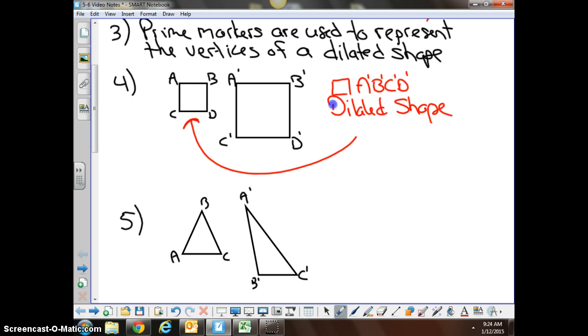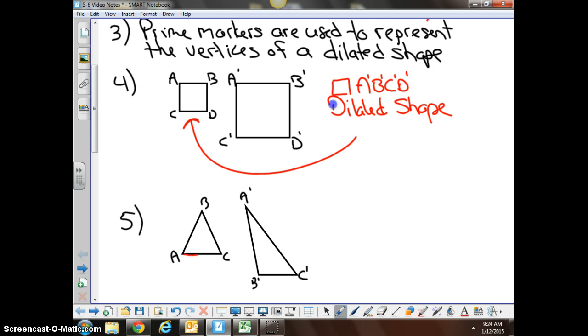Number 5, we have triangle ABC, and we have triangle A prime, B prime, C prime. Is the prime shape, the copy, which looks much bigger, a dilated shape? And the answer to this one is no, it's not a dilated shape, because the shape of the triangle changed. It is distorted.